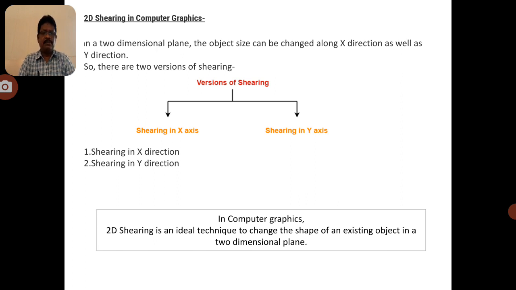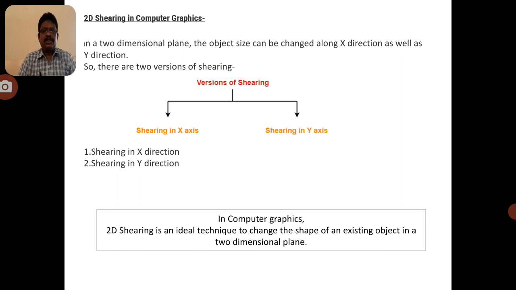To change the shape, that means the shape along the x-axis is different from the shape along the y-axis. This is an important technique in the two-dimensional plane. Shearing is a technique to change the shape of an existing object in a two-dimensional plane.